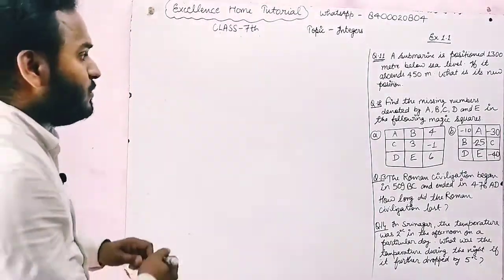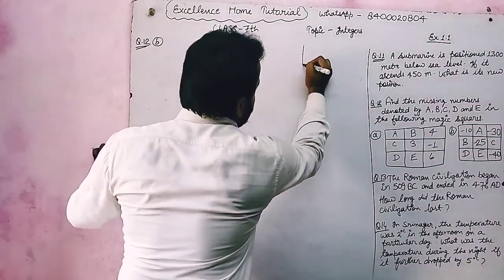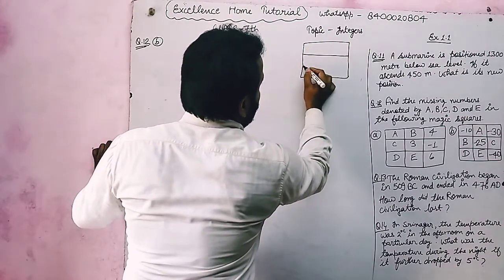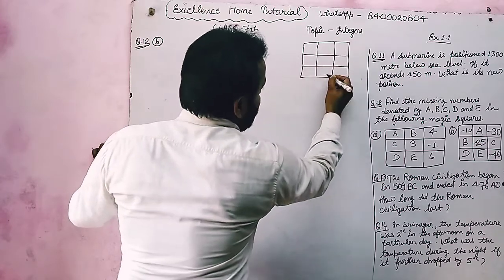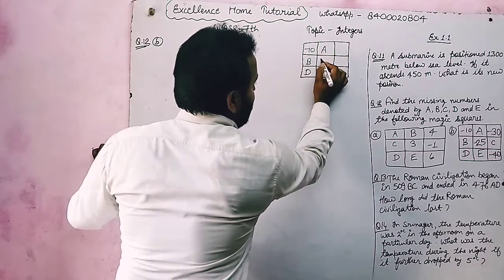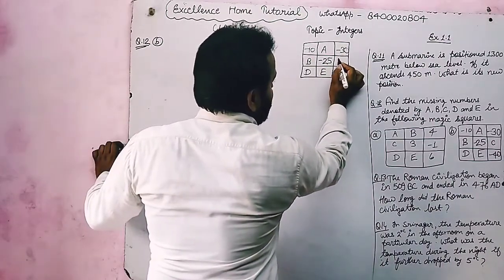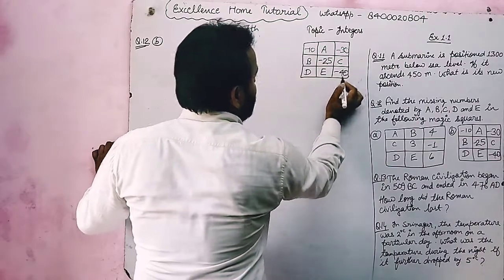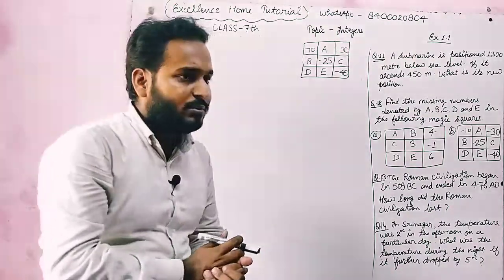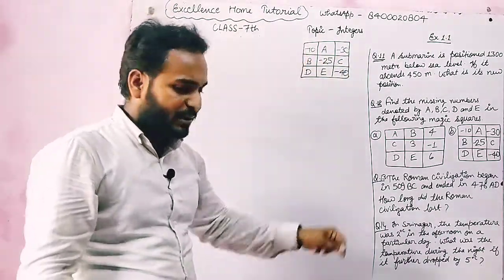So for question 12B, first of all we have to make the magic square, that is this: minus 10, B, D, A, minus 25, E, minus 30, C, minus 40. So this is the magic square. In this, in rows and columns there are no three numbers given, so we have to use the diagonal first. In this, three numbers are given.